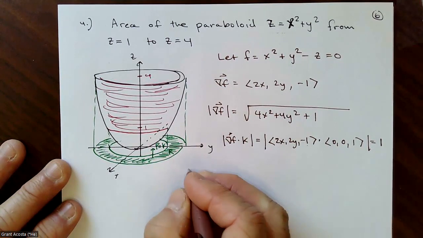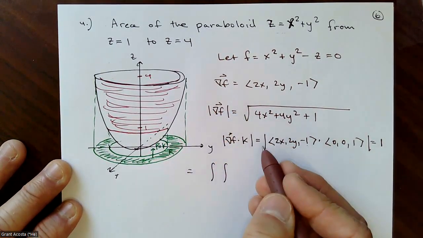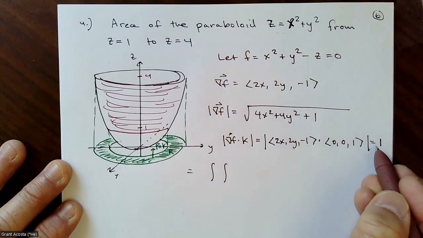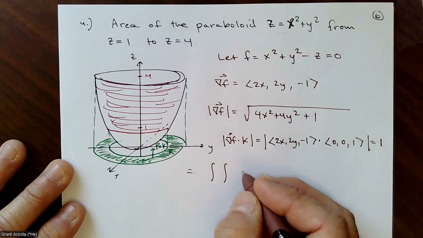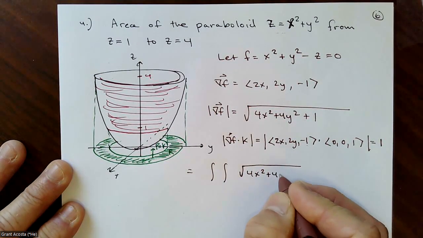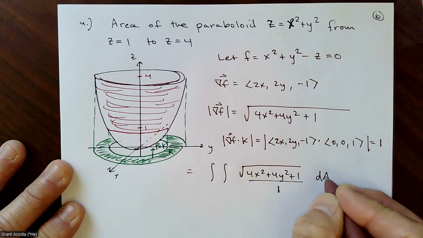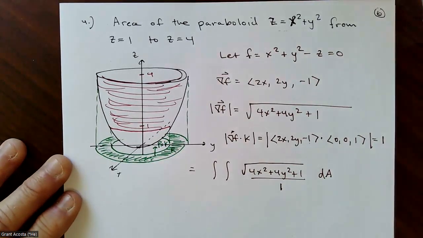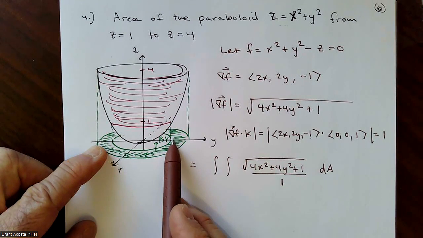So I end up with the magnitude of the gradient over the magnitude of the gradient dotted with k gives me the integral of the square root of 4x squared plus 4y squared plus 1, over 1, over my region, which I can tell has something to do with these concentric circles here.